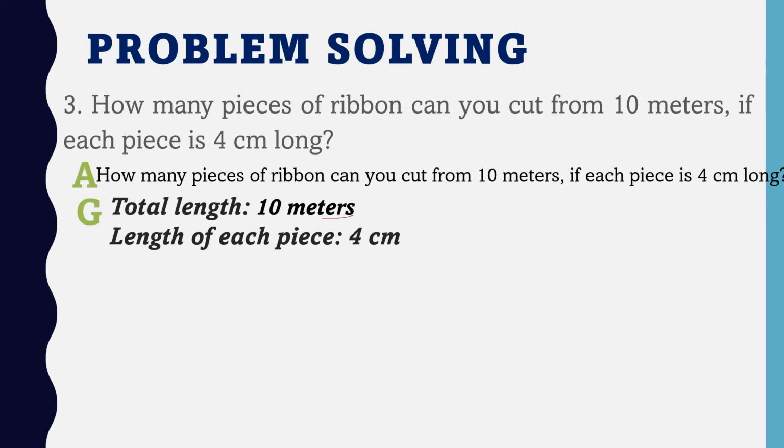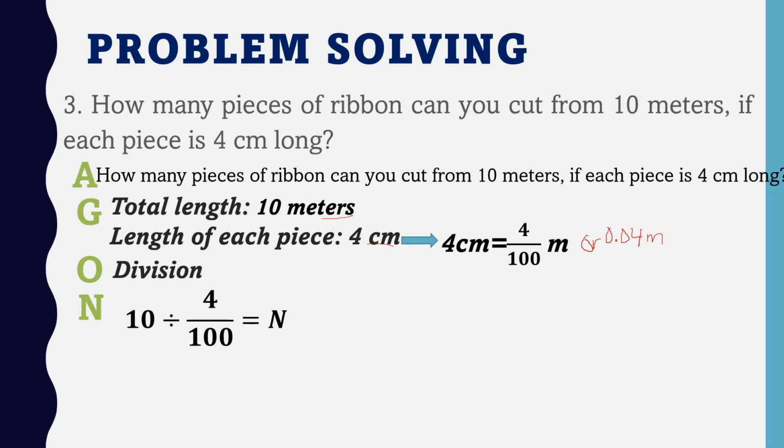So we have meters and centimeters. So we can convert centimeters to meters right away. 4 centimeters is equivalent to 4 over 100 meters, or in decimal, we can write that as 0.04 meters. And for operation, of course, we are going to use division.